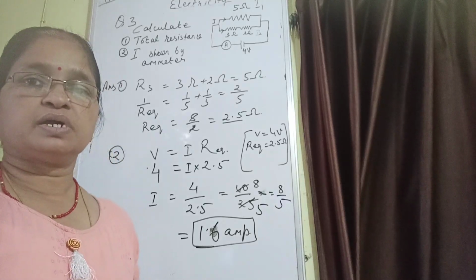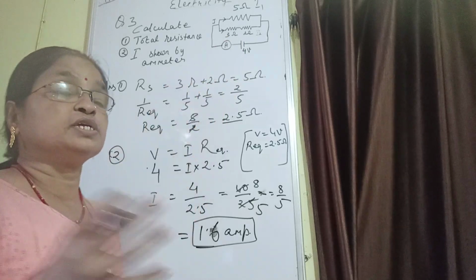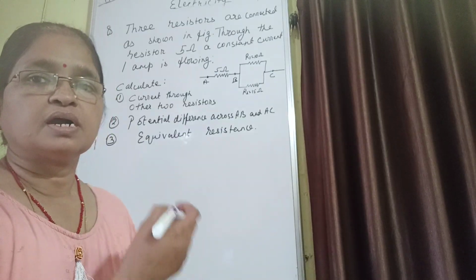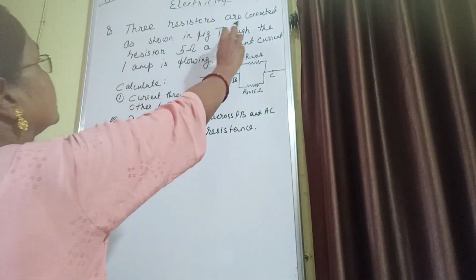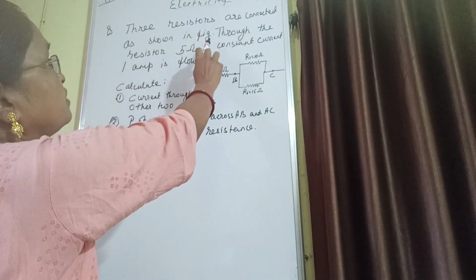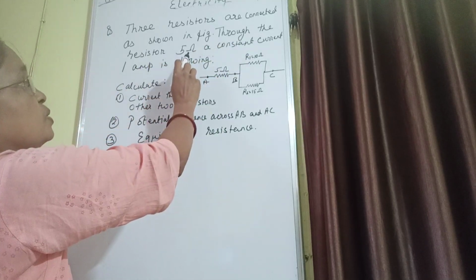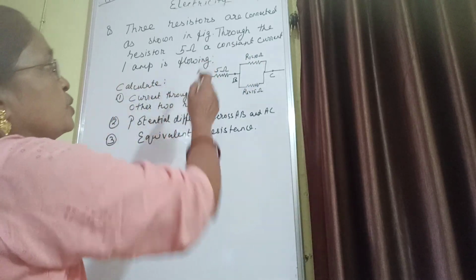One more question. I am showing you how you will solve when there is a combination of resistance. Our next question is, 3 resistors are connected as shown in the figure. Through the 5 ohm resistor, a constant current of 1 ampere is flowing.